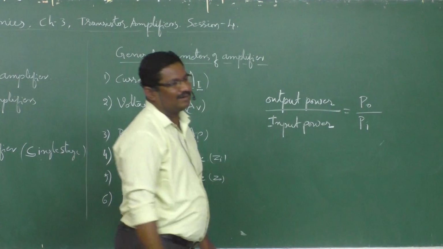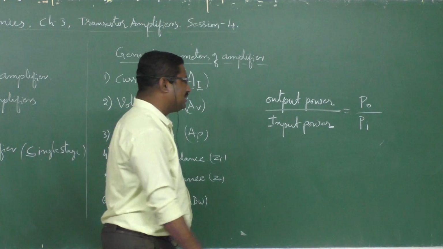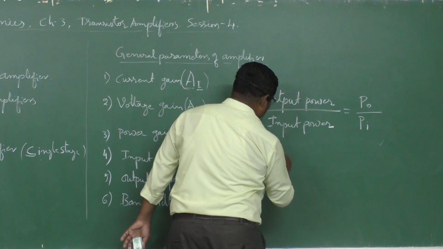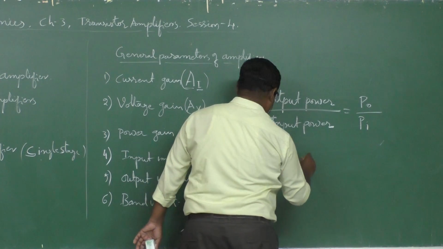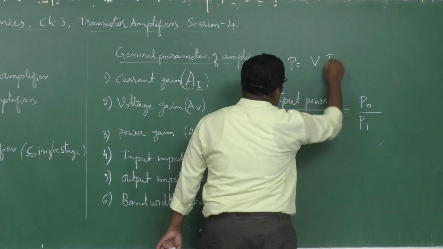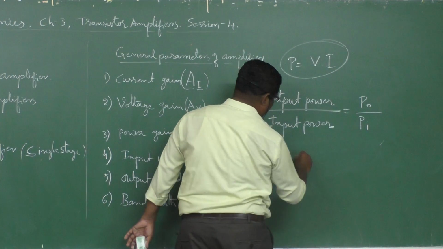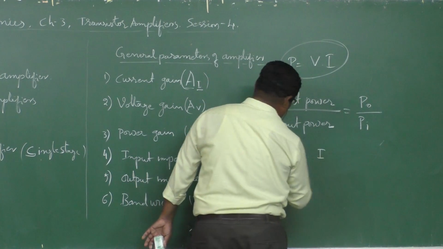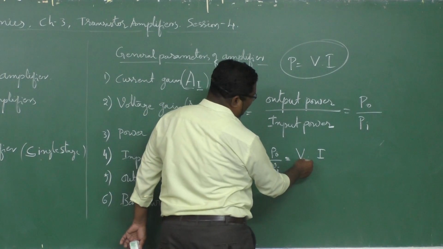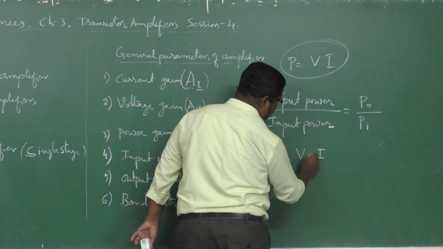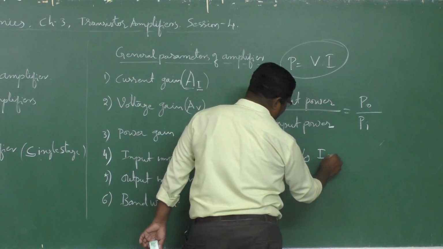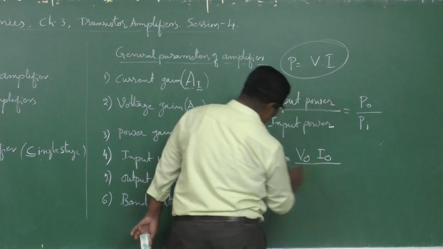So what do you mean by power? Power is nothing but the product of voltage and current, so we can include that here. PO divided by PI, where power P is equal to V into I. For output power, the voltage should be the output voltage and the current should be the output current, divided by input power.